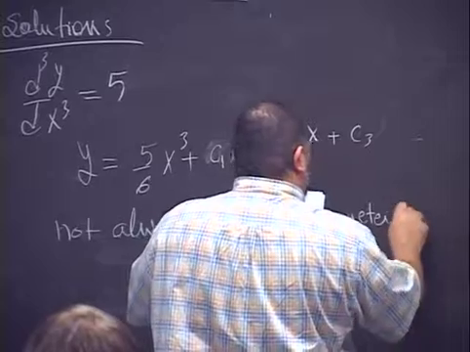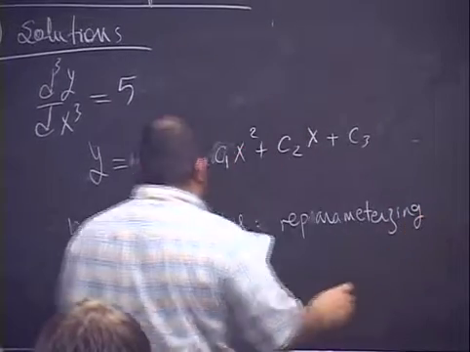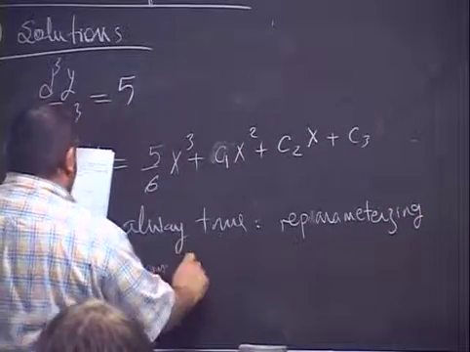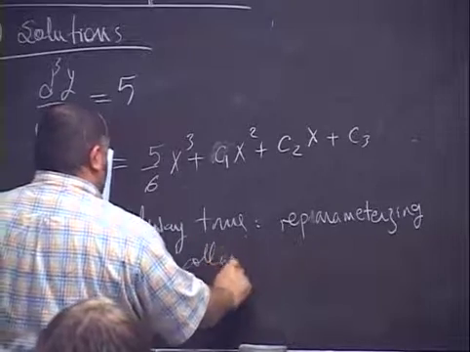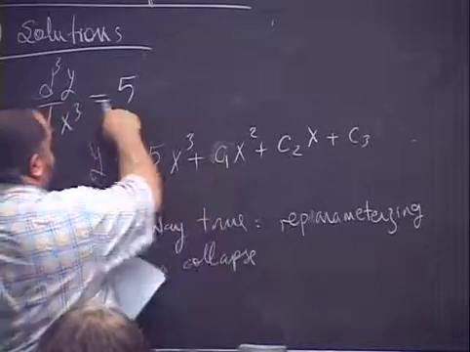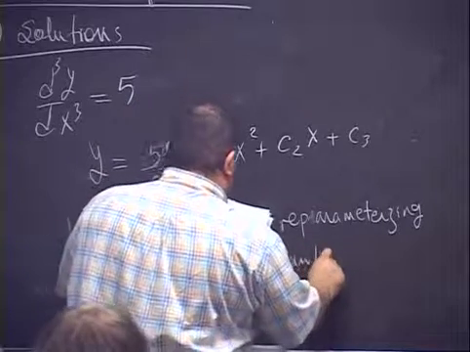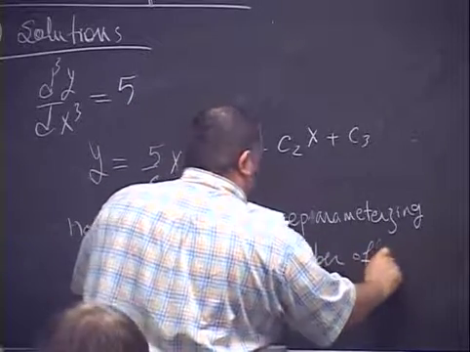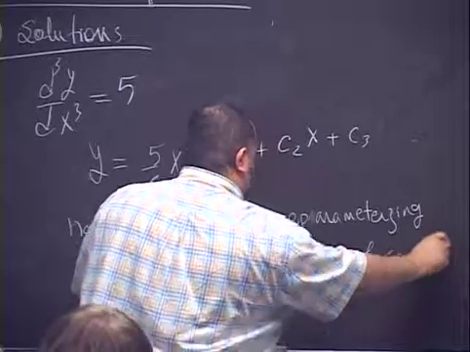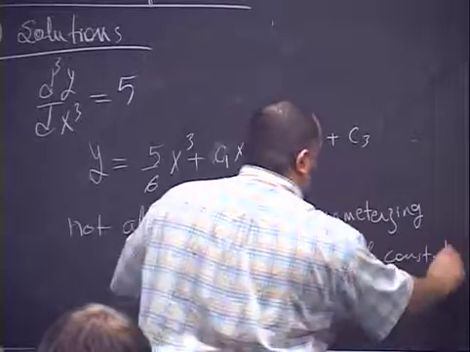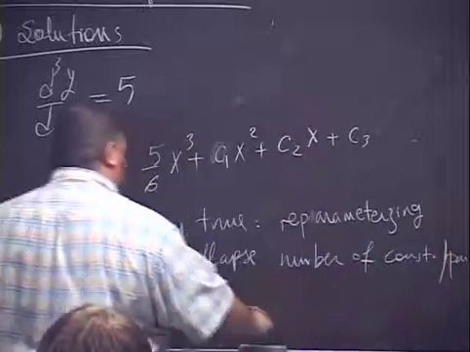If you reparameterize the equation here, this can collapse the number of constants slash parameters. We'll see this later.